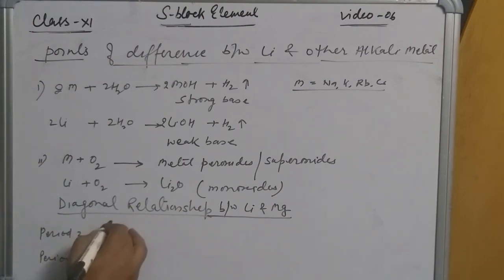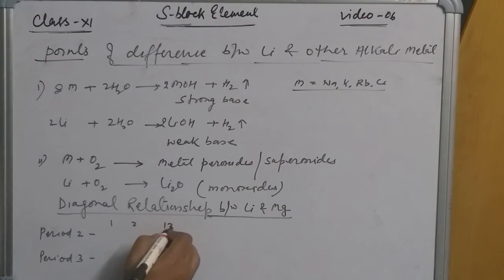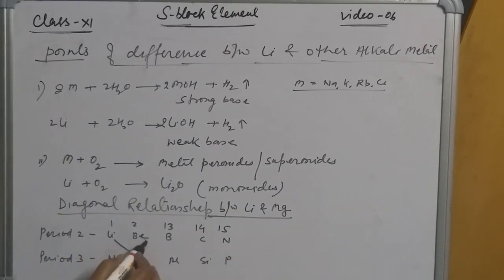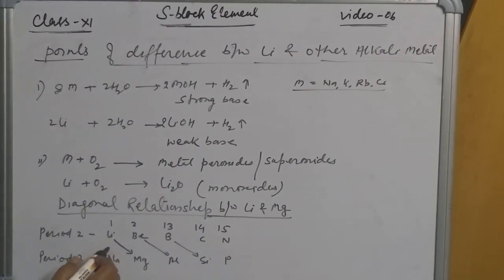Group numbers 1, 2, 13, 14 and 15: lithium, beryllium, boron, carbon and nitrogen. And third period: sodium, magnesium, aluminum, silicon and phosphorus. Diagonally they are related: lithium related to magnesium, beryllium related to aluminum, boron resembles silicon, carbon resembles phosphorus. They diagonally show properties like this.